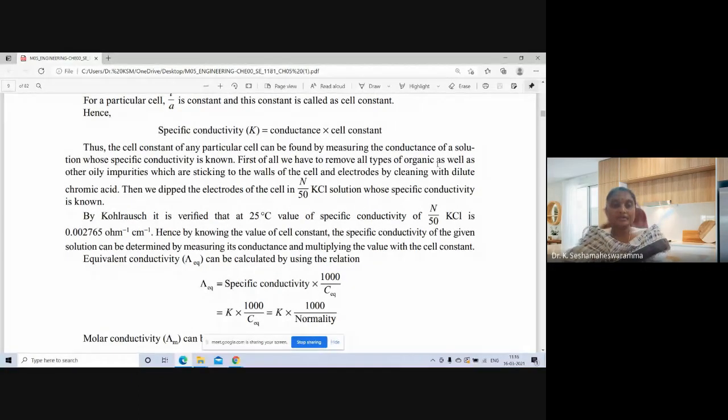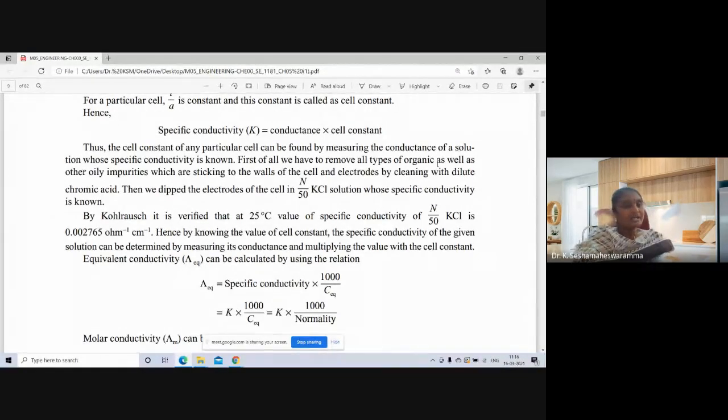Hence, by knowing the value of cell constant, the specific conductivity of the given solution can be determined by measuring its conductance and multiplying the value with the cell constant.